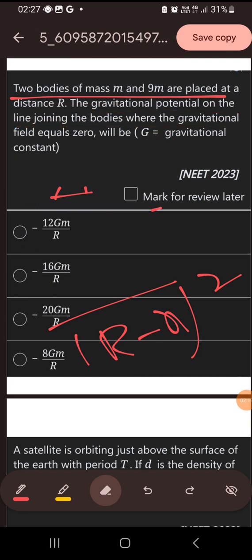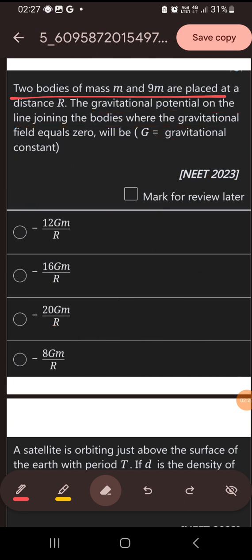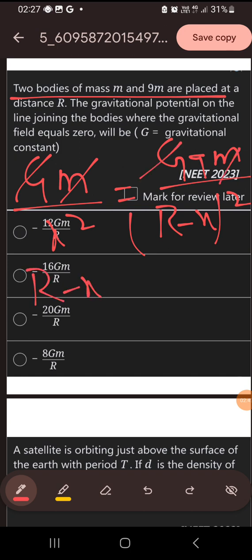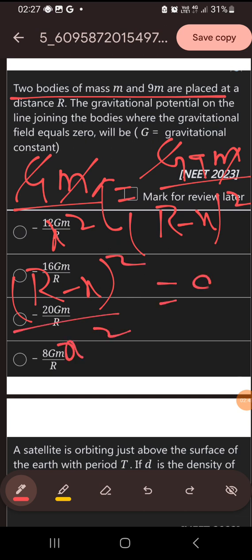On equating, G m by x square is equal to G 9m divided by r minus x whole square. G m gets cancelled. Then r minus x whole square divided by x square is equal to 9. When the square moves to this side, it will turn into 3, since 3 threes are 9.